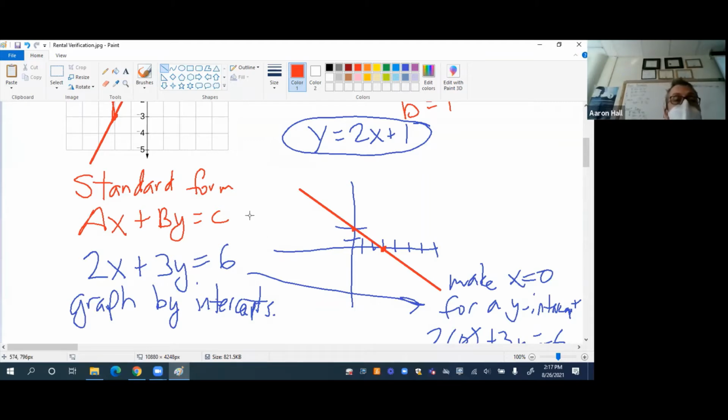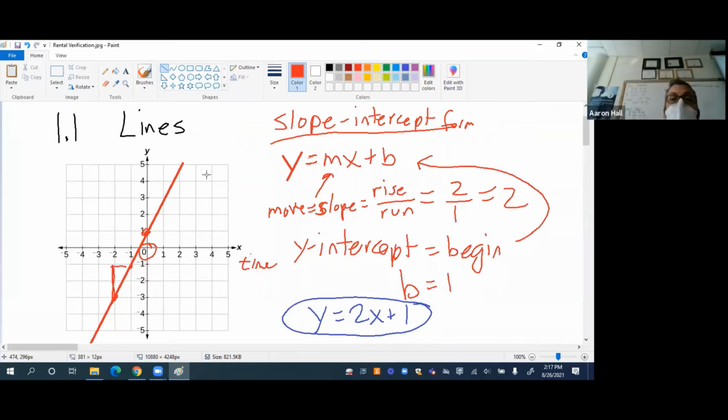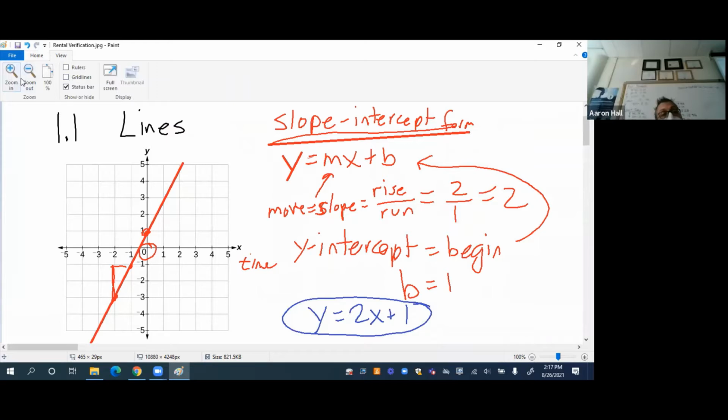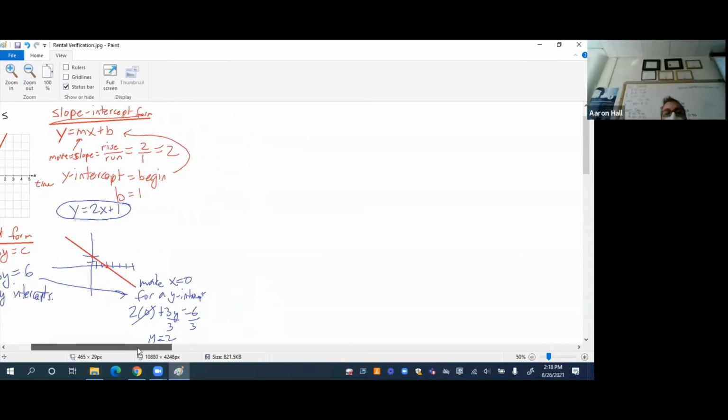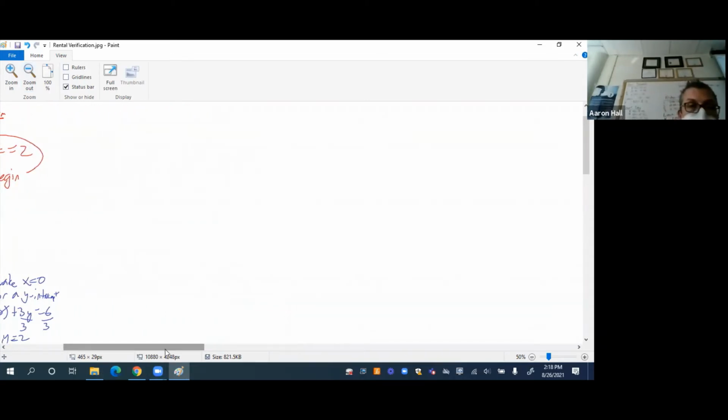All right, so we have standard form. We have slope-intercept form. Anyone know what the other one is? Nobody? Let's go back. Let's remember what we did last year with quadratics.